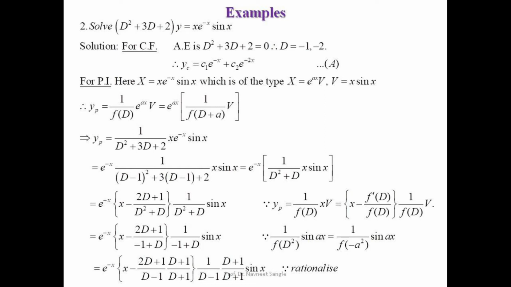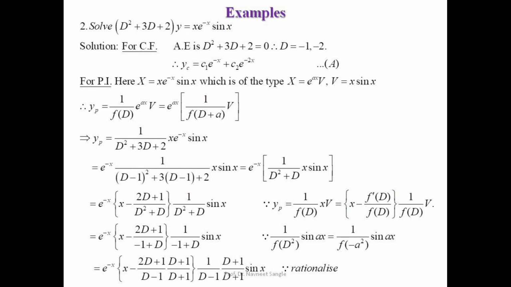So we know that the complementary function is obtained by solving the auxiliary equation. So here the auxiliary equation is D square plus 3D plus 2 is equal to 0. If we try to find the roots of this equation by the quadratic method, or find the numbers whose product is 2 and addition is 3, then we get the roots of this equation as minus 1 and minus 2.